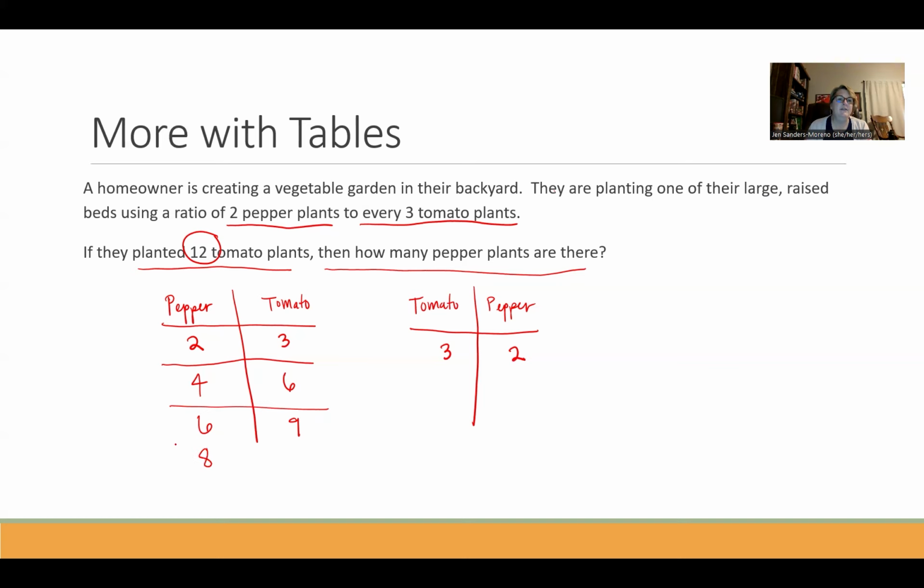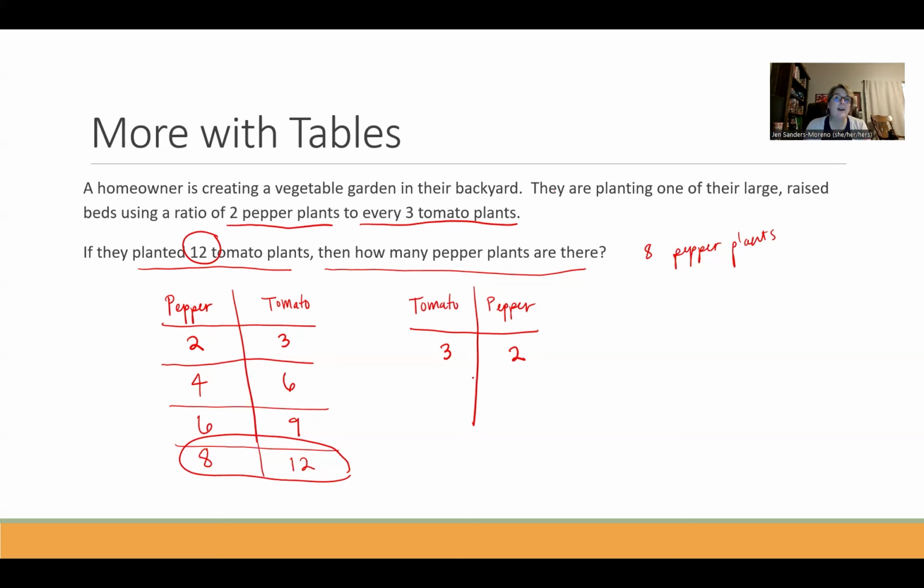Adding 2, adding 3. And we keep going until we get our magical spot. And so here we are. 12 tomato plants is relating to this row. So that means there are 8 pepper plants. Okay. Awesome. So that works. Boom. Go through the whole table.